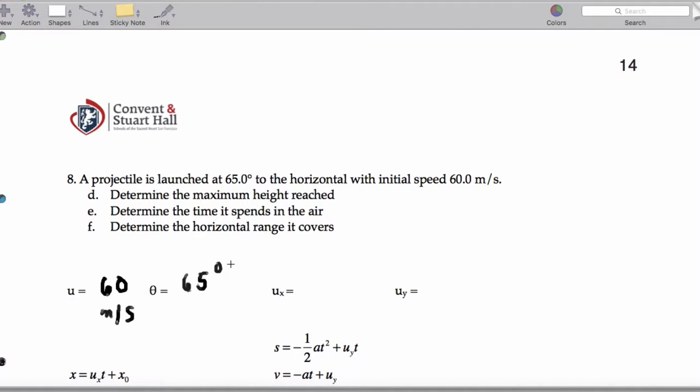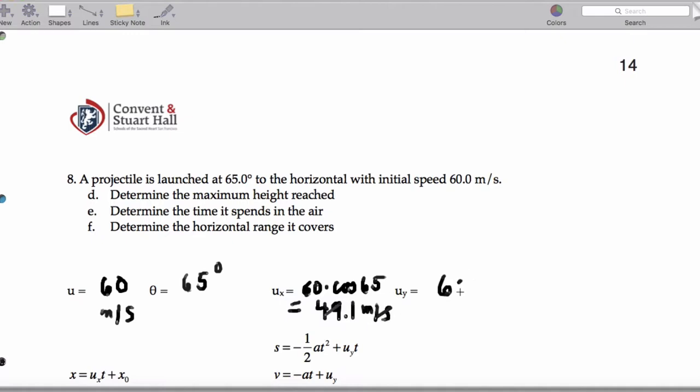Now let's go ahead and get the x and y components of this velocity vector that we're launching at. So 60 times the cosine of 65 gives us an x speed of 49.1 meters per second.